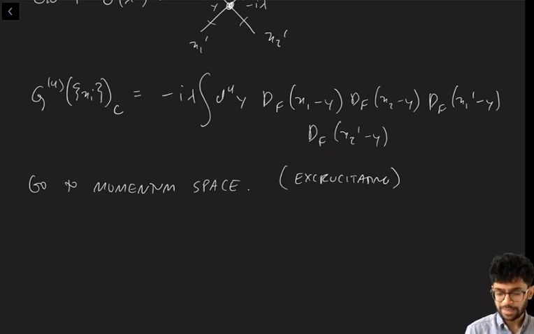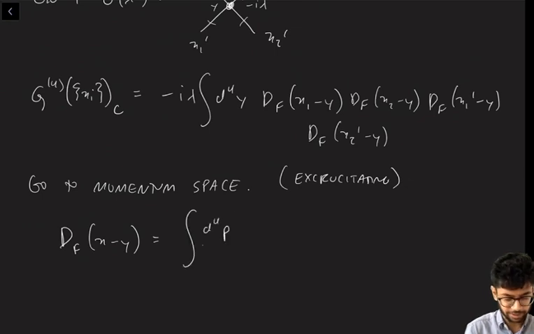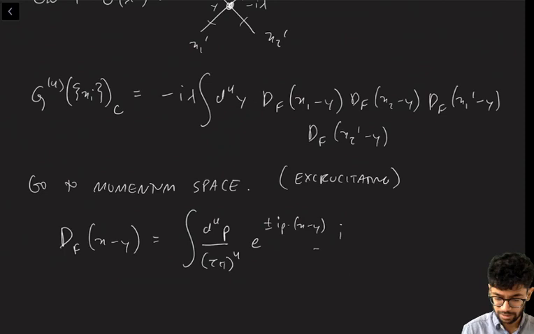Okay, so to go to momentum space, what we do is we Fourier transform everything. So in particular, I use the representation of the propagator, which we all know and love. In momentum space, any propagator takes the following form. It looks like this, integral d4p over 2 pi to the 4th, e to the plus or minus ip (x minus y), times i over p squared minus m squared. In the exponent, we can actually pick what we like.